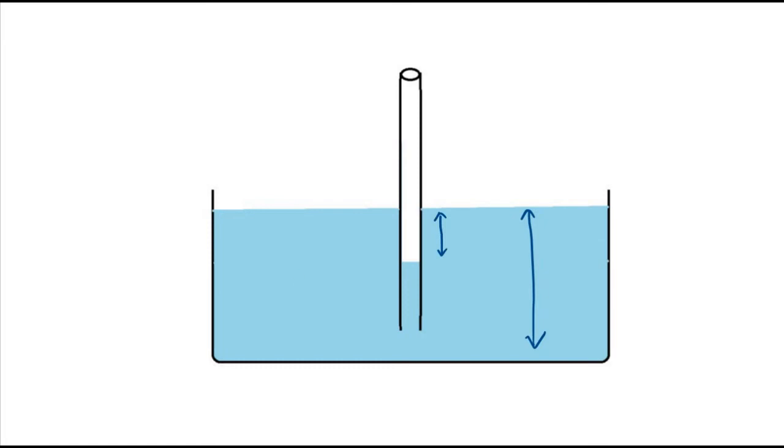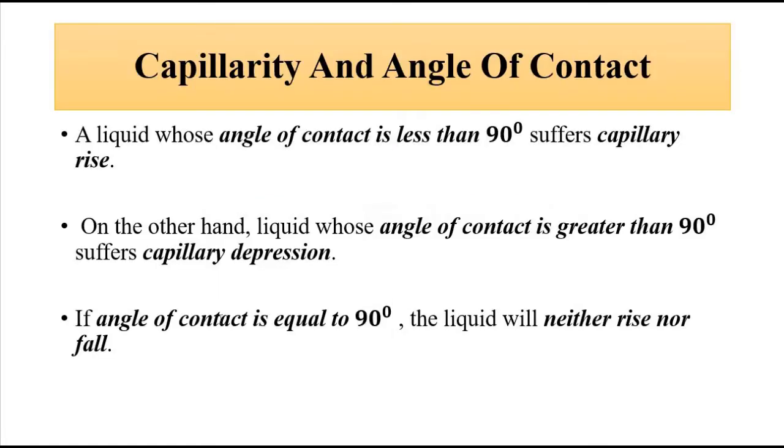And the liquid whose angle of contact is equal to 90 degree, neither obtuse nor acute, there will neither be any rise or fall. It will be the same as the normal level of liquid in the container.